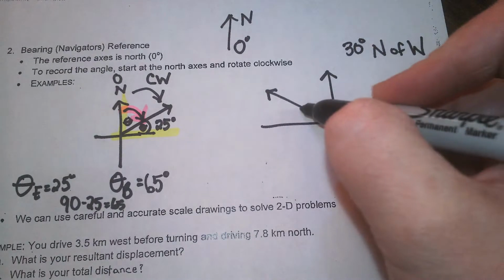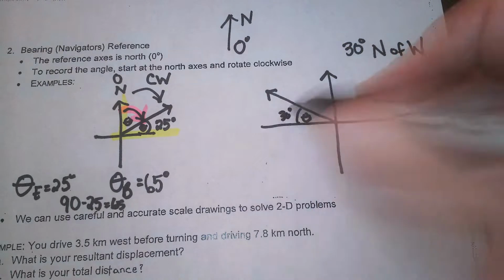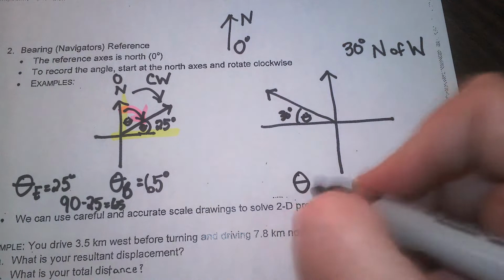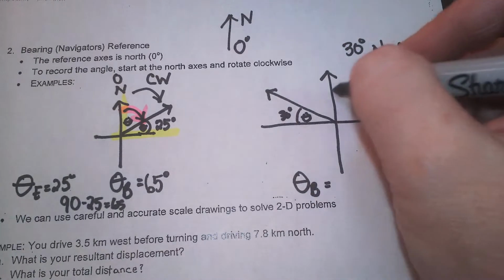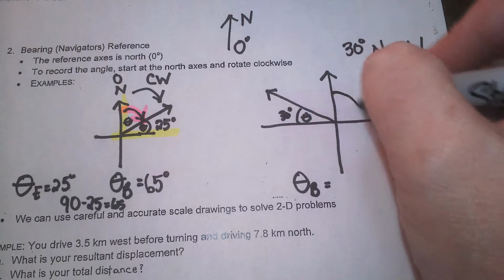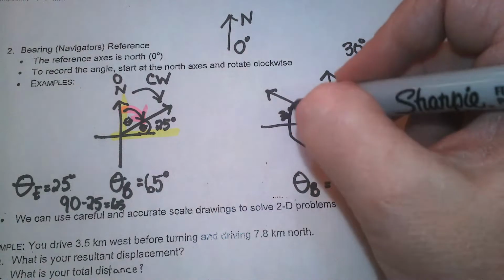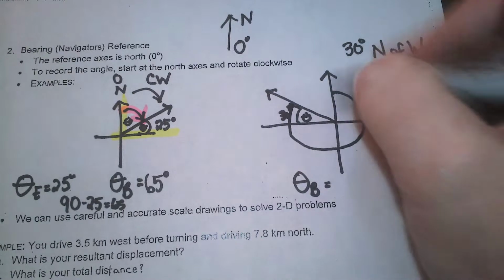So that's right here. But what's my theta bearing going to be? I have to start at north and I have to go clockwise until I hit this point here. How many degrees did we travel in this quadrant?